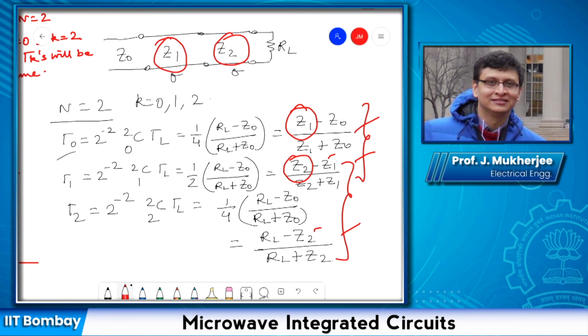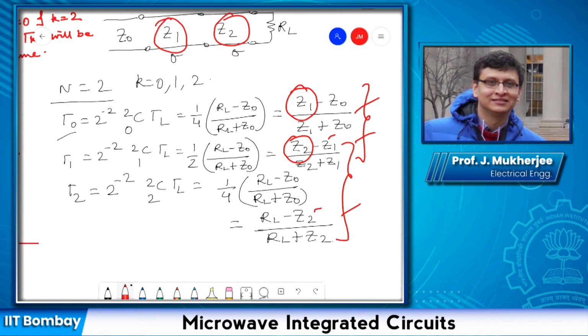So to get consistent solutions over whichever pair of equations we take, what we can do is go back to that simplification for gamma k that we did in the previous part.